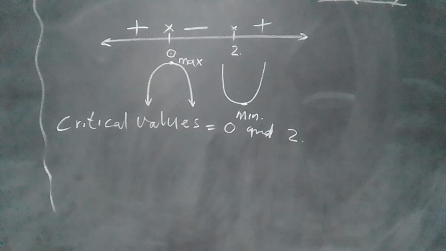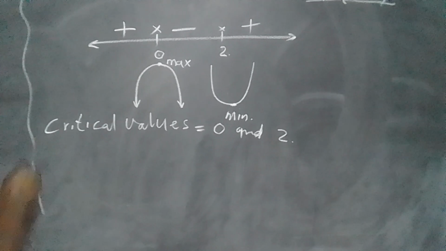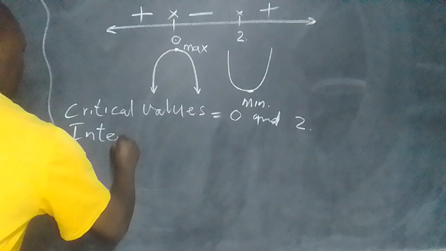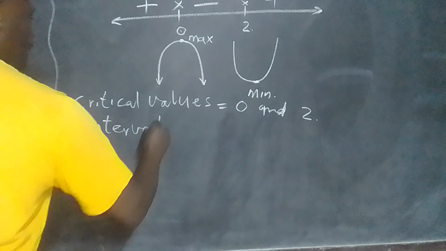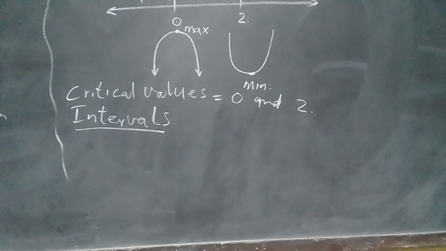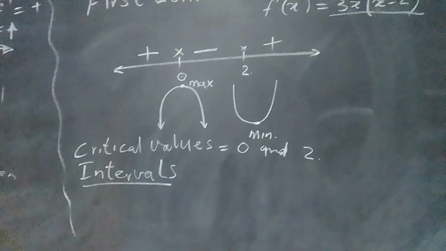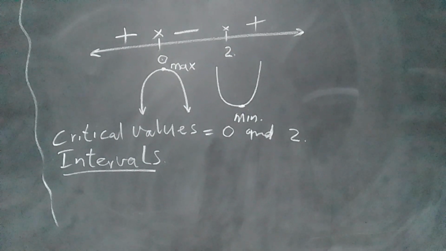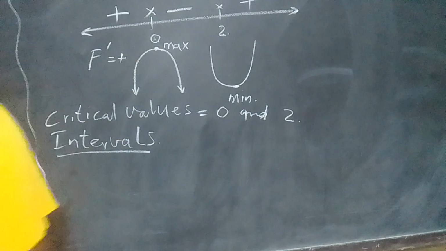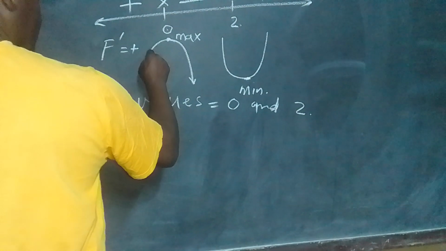So this tells us what? This tells us the interval where our function here is increasing, because our f dash is positive, so the function here increases.